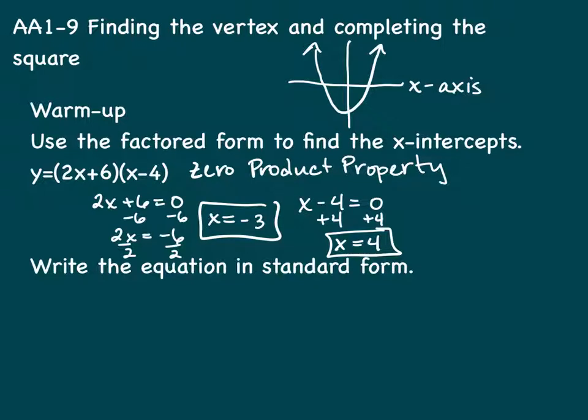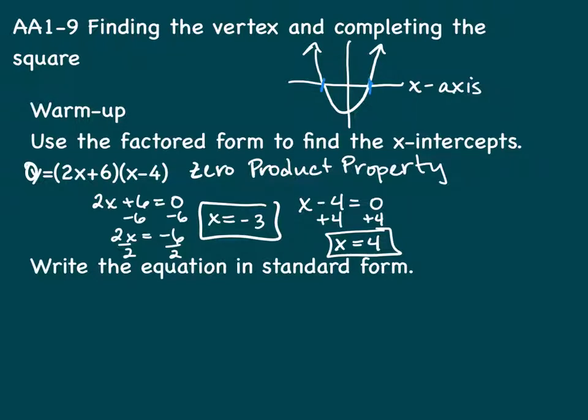Obviously, I don't have a grid there, but the reason that the zero product property works is that I'm essentially taking 0 and plugging it in for y. So I'm making that 0. So when I use the zero product property to solve, it gives me my two x-intercepts. That's going to be important shortly.